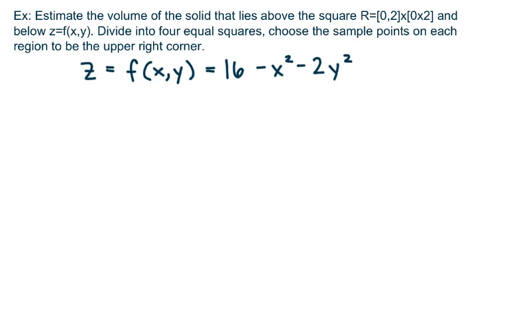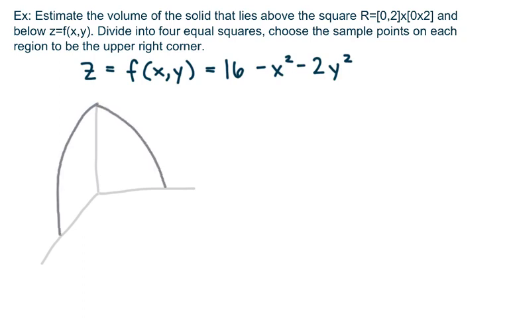So what we're looking at here is we want to look at what that volume is between this region and my surface. My surface is z equals 16 minus x squared minus 2y squared. And you guys should recognize this. This is an elliptic paraboloid. So if we think about what this graph looks like, and I'm only going to draw the first octant here, we have some elliptical paraboloid.